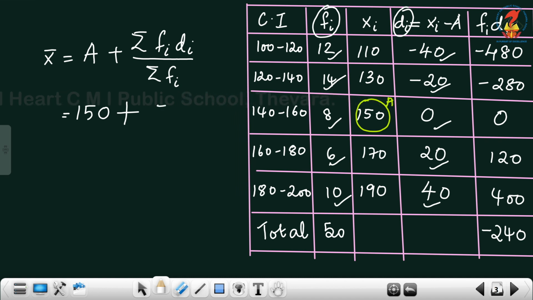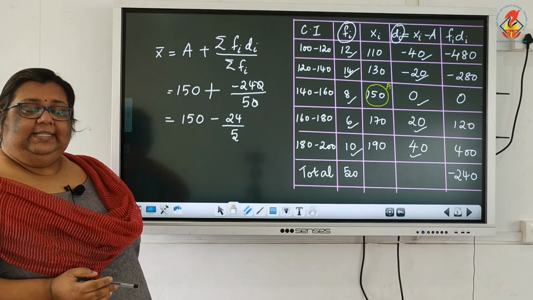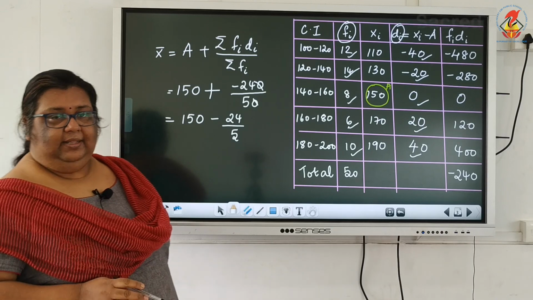What was sigma fi di? Negative 240 by sigma fi, which is 50. 0 and 0 get cancelled. 150 minus 24 by 5. Children, you can take the LCM, subtract, and write the answer.